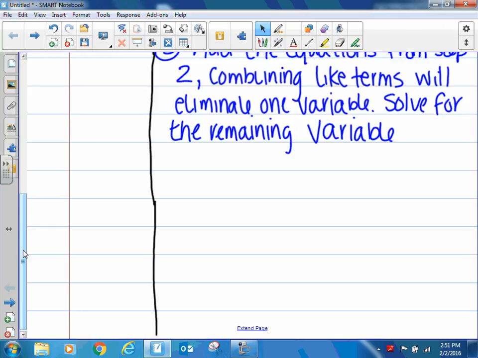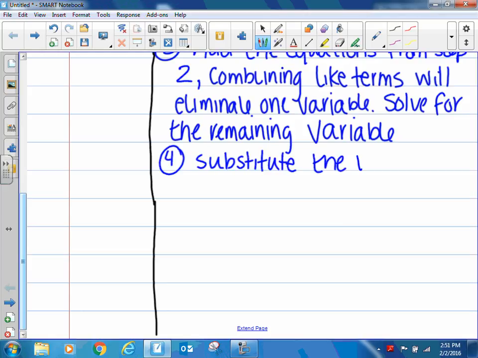After that, we're going to go back and substitute the value from step 3 into either one of the original equations.